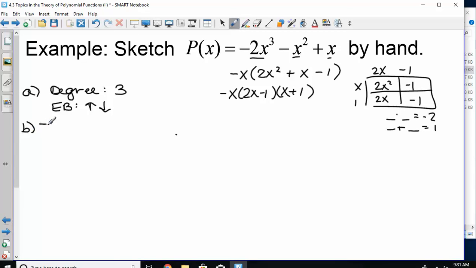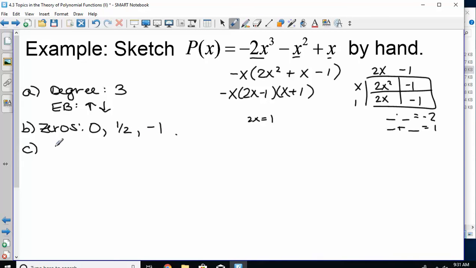So now we can see our zeros. What makes negative x equal 0? Zero. 2x minus 1 equals 0. If you add your 1, you get 1/2, and x plus 1 gives -1.